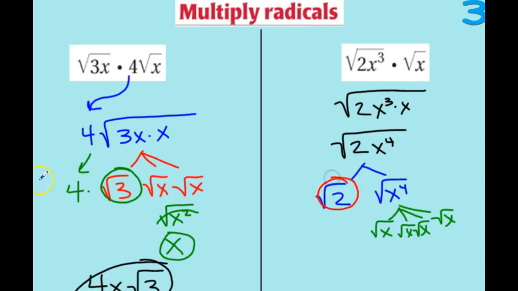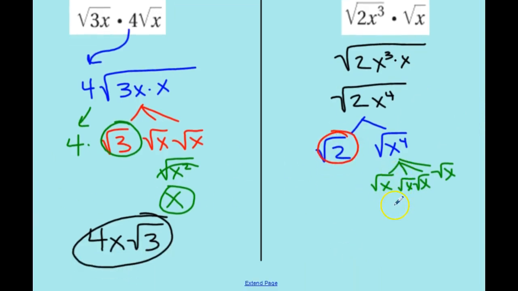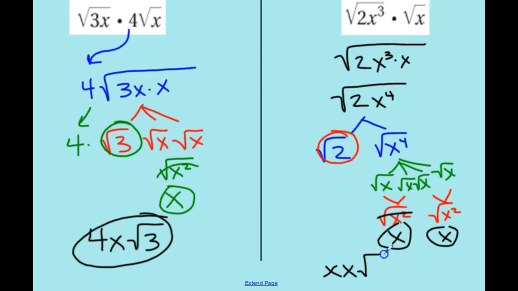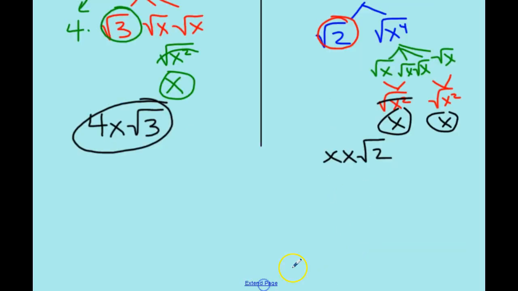This we can't simplify, that is what it is. But every time we have 2 of these, this is really the square root of x squared. So the square root and the square cancel and leave us with just x and just x. So we have x, and then we have the square root of 2. So this is really x squared, square root of 2.